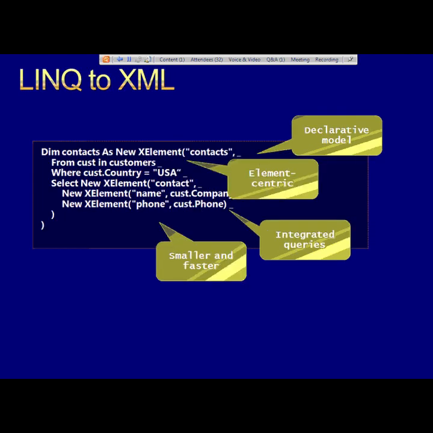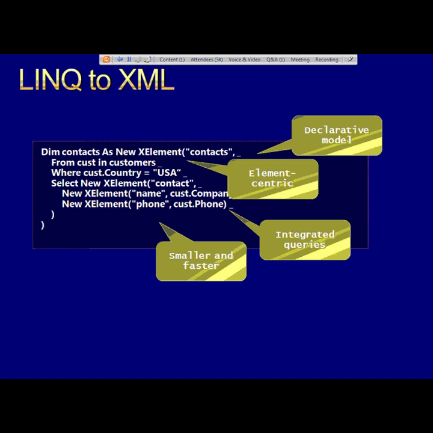So LINQ to XML tries to correct this by making it more of a declarative model. And you'll notice in this specific code, I'm not even creating a document. I'm just creating an element, throwing in some contact information, some name, and some phone. You can see there's a couple of elements underneath the contact element.